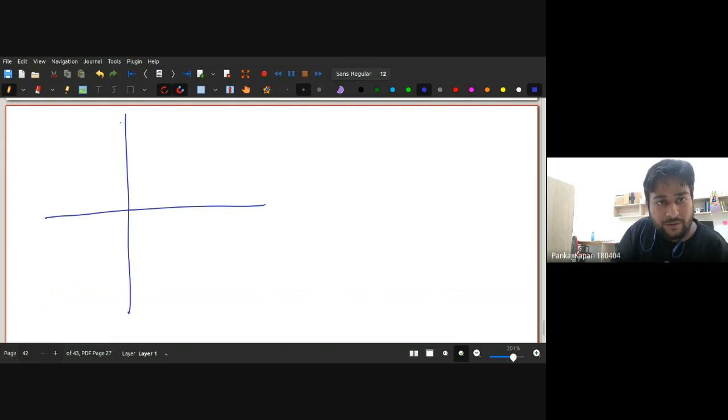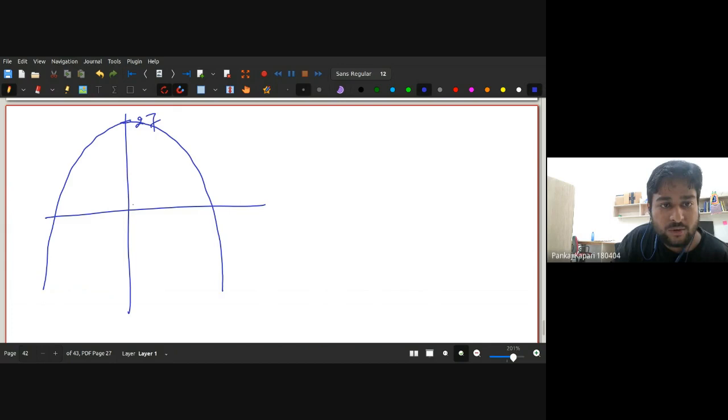So what is happening, we have a point 27 and we have this parabola. And now we have a triangle whose vertex is at the origin and its base is parallel to the x-axis.